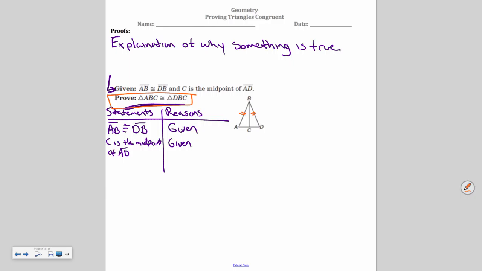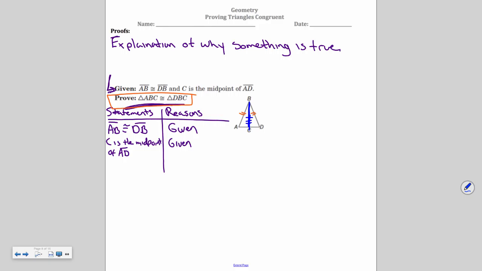What I can notice is that there's this shared line in the middle, BC. Before, we would just mark this congruent because it's shared, and you didn't have to explain your reasoning.